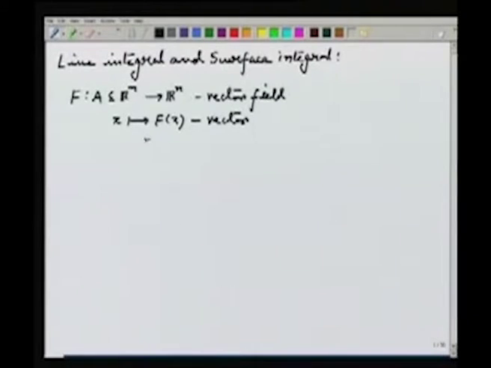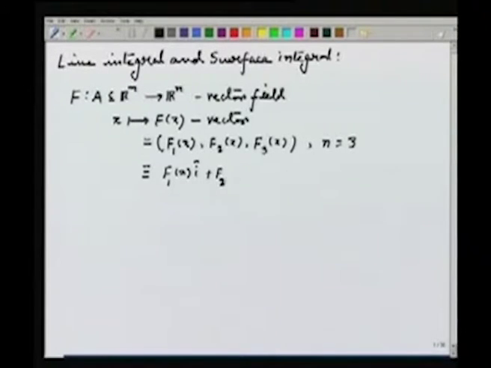So I can denote it sometimes by f1(x), f2(x), f3(x), in the case n equals 3, of course, or I can also use the vector notation, that is f1(x) i plus f2(x) j plus f3(x) k, the standard vector notation of R3.